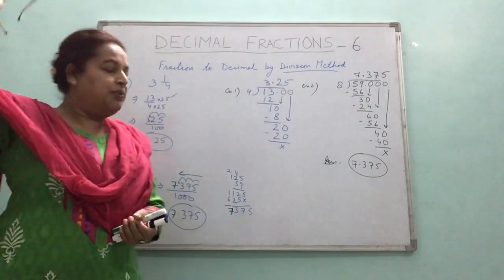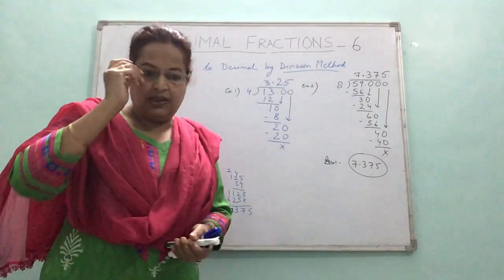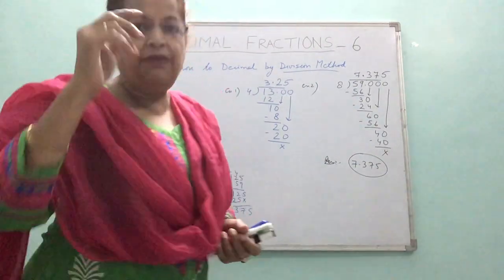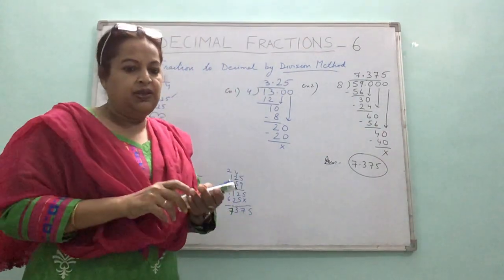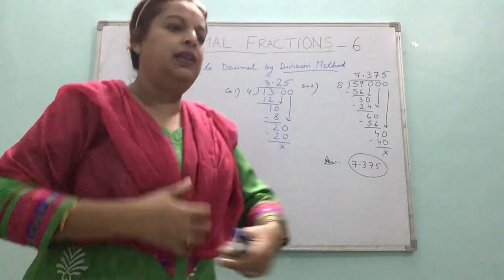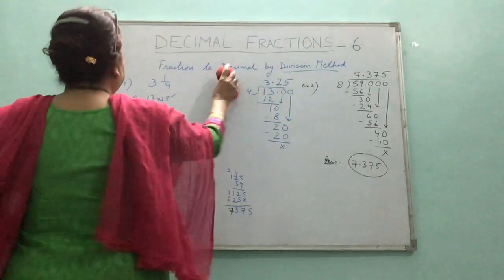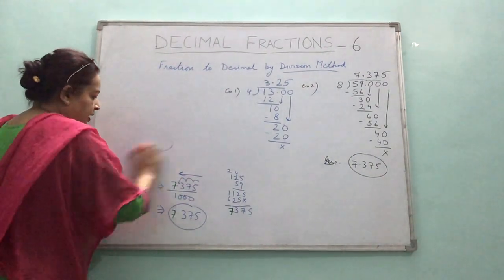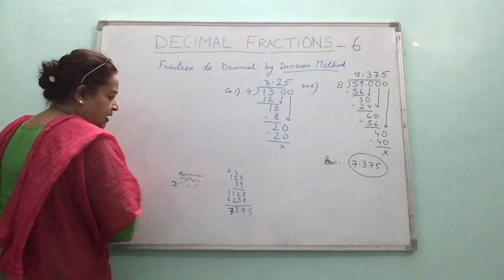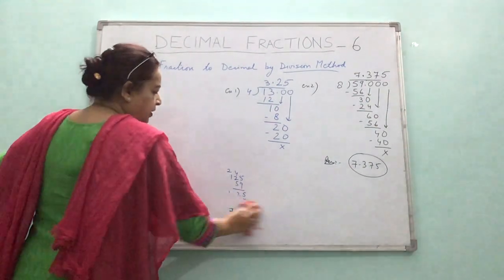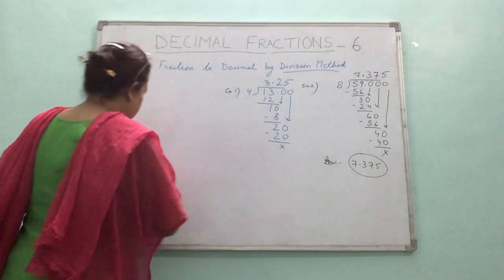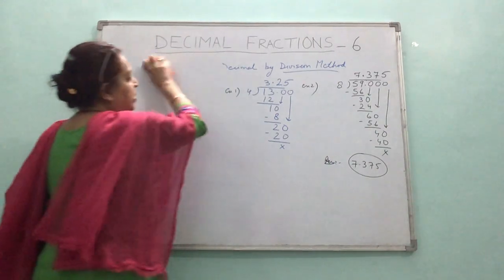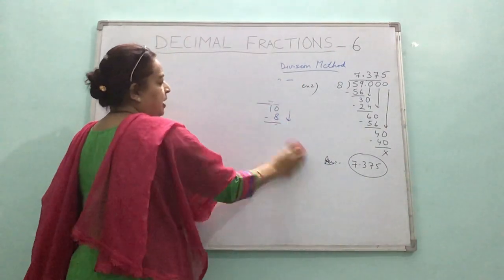Now I will take up some questions of exercise 5F, MCQ, multiple choice questions. Let's do few of these multiple choice questions. Now this multiple choice question exercise is actually the revision exercise of all what we have done in the chapter till now, right?